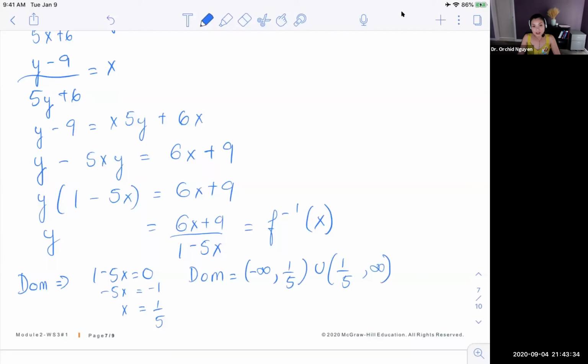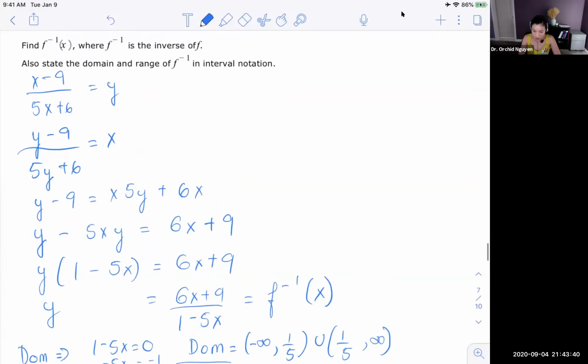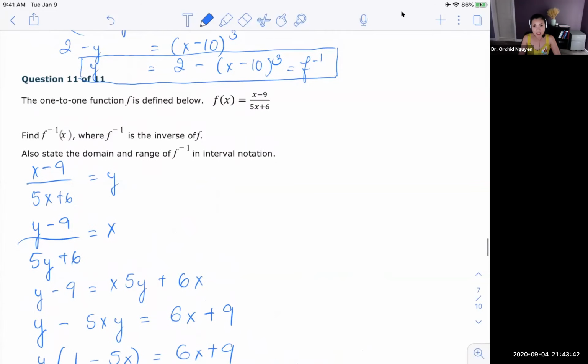Now, how do I get the range of this function? For the range of this function, I'm going to go back to the original, because don't forget, the domain of the original is the range of the inverse. So you see right here, if I take 5x plus 6 and I set it equal to 0, x is going to be negative 6/5.